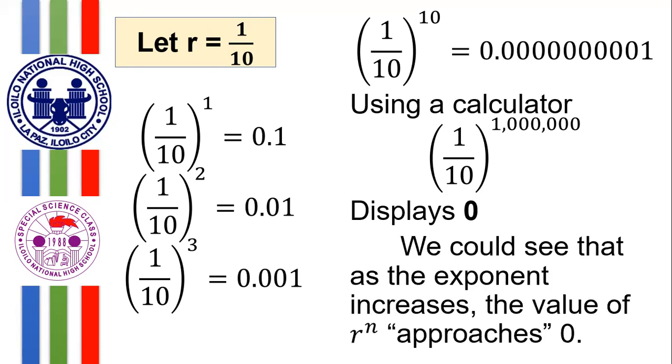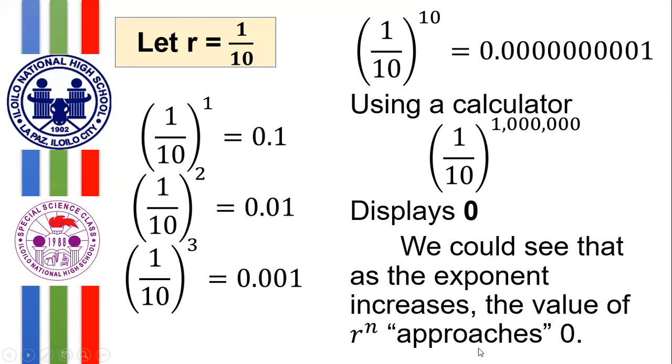We could see that as the exponent increases, the value of r raised to n, where r here is your common ratio whose absolute value is between 0 and 1, and n here is, let's say, an exponent, a natural number or a whole number, then r raised to n approaches 0.